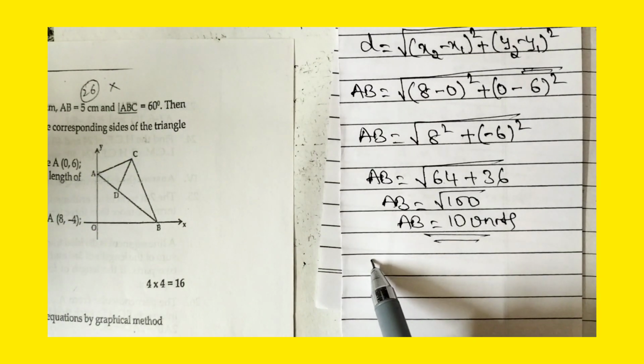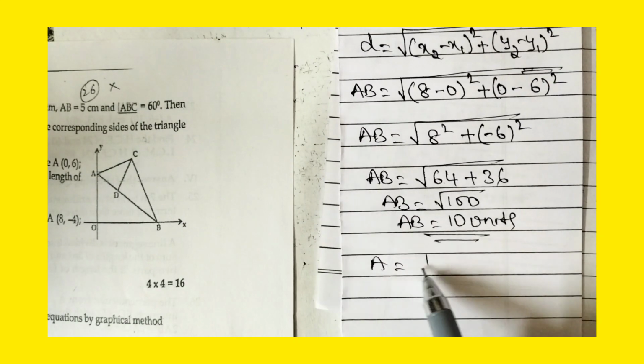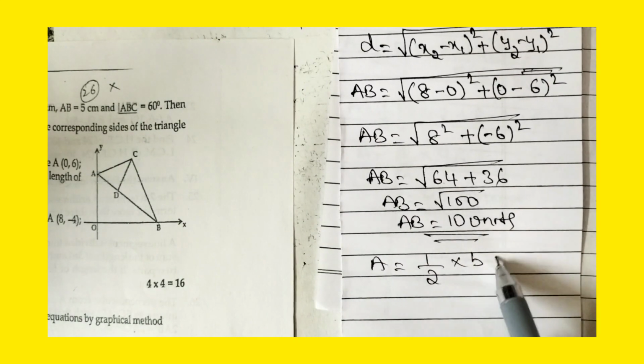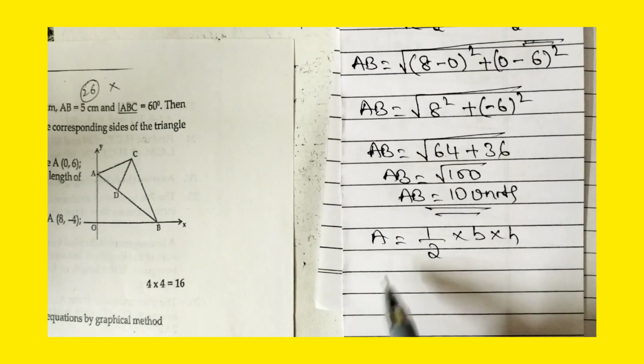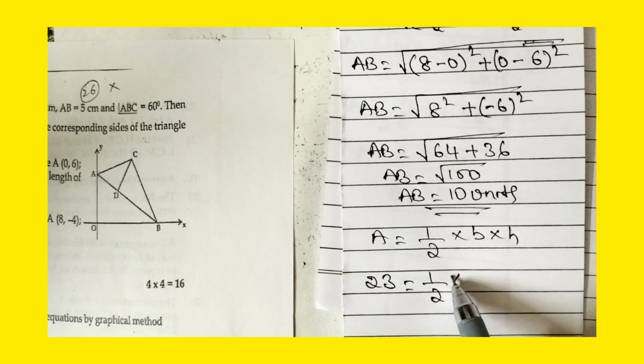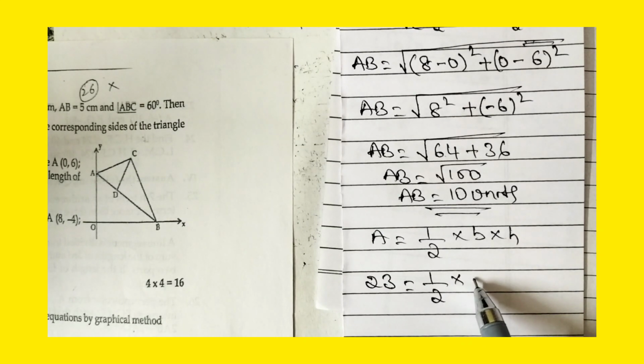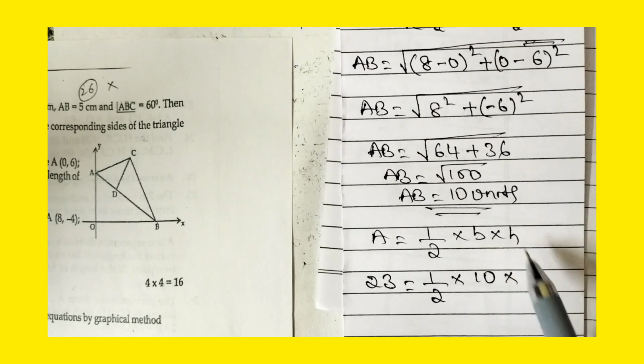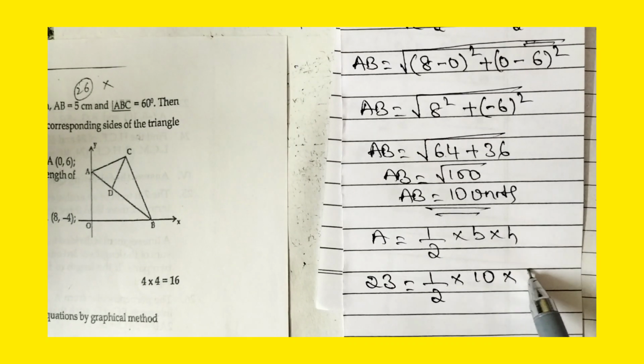Now let us find the altitude CD. So area of a triangle is equal to half into base into height. So the area we got is 23, which is equal to half into base. Base is given as AB, which is equal to 10 units, into height. Height is given as CD.